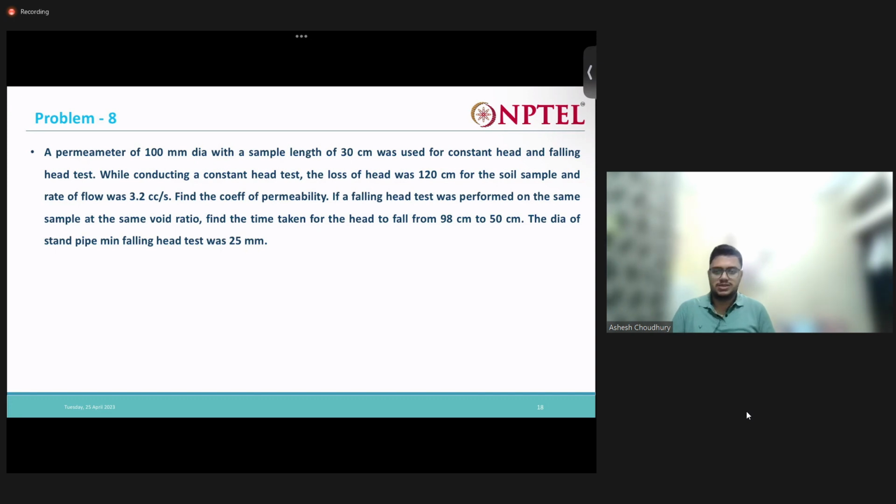Okay, the rate of flow was given. So for the constant head test we have the head loss of 120 cm, and in 120 centimeters of head loss, the rate of flow was 3.2 centimeter cube per second.